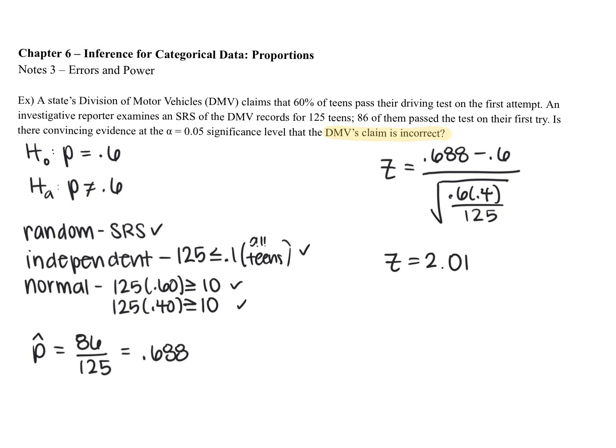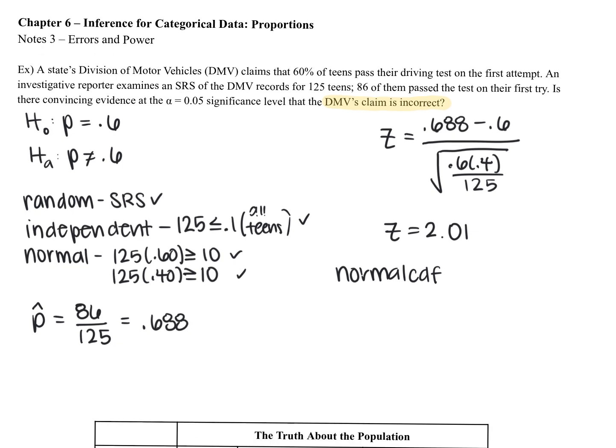So now I'm going to go to normal CDF. So here's where it gets a little bit tricky, because if we're looking at a specifically less than or greater than situation, so a one-sided hypothesis test, I know where my lower bound and upper bound go, because I have a less than or greater than.